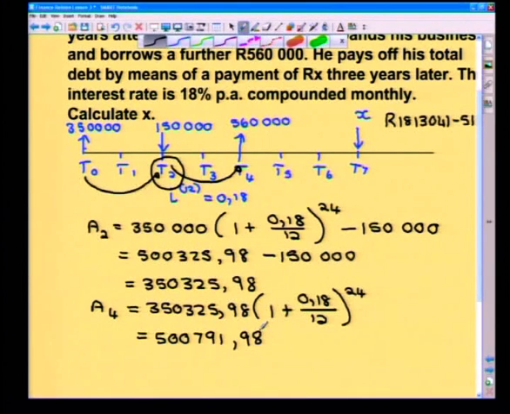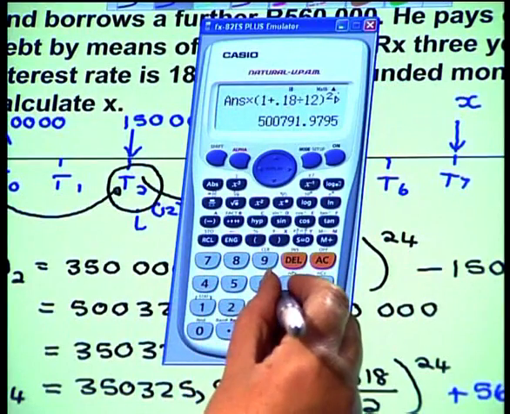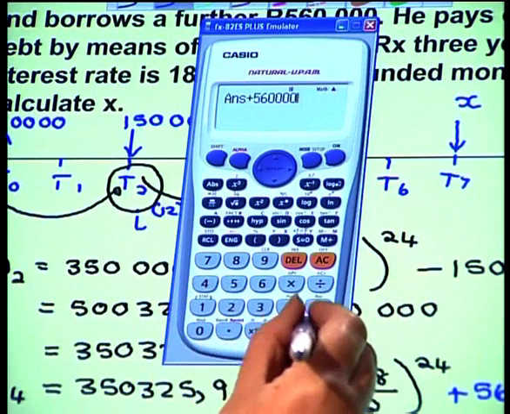But he's going to borrow a further 560,000. So at this point, I add on 560,000, which, as you can see, makes this amount of money quite a lot. So we add on 560, 1, 2, 3, right, equals.